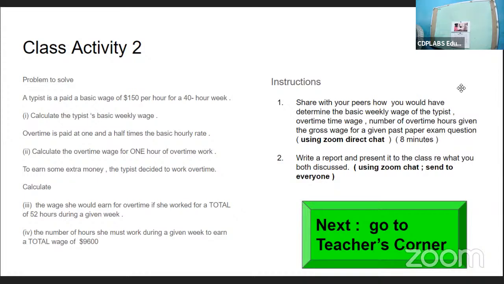No, that doesn't work. Last week we also calculated her basic wage, which was $6,000. That's what we arrived at. So where we reach now is the term overtime.